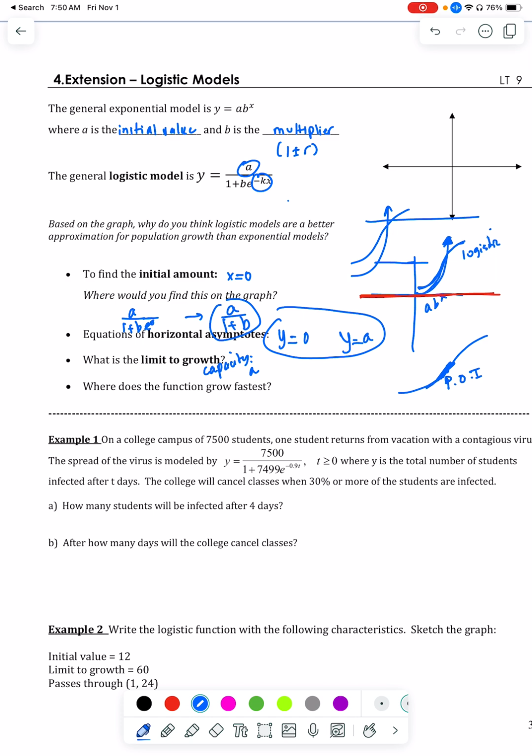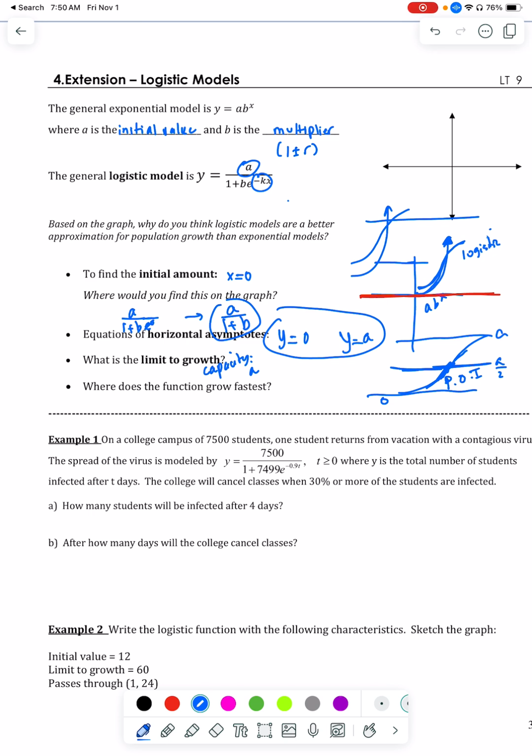So this is going fast, fast, fast, and then it's slowing down. And normally, just to add more information, this happens at halfway through the capacity, at A over 2, like this point here. This will be A, and this would be 0.